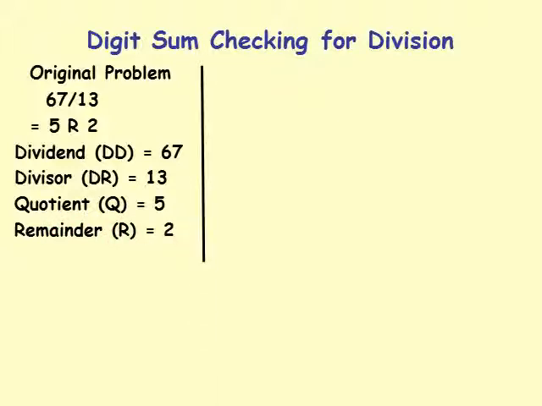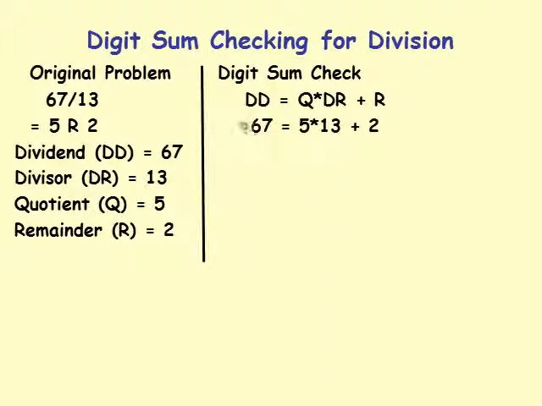Okay, let's try to do a check somehow. In a division problem, if q is the quotient and r is the remainder of dividing the dividend by dr, then this equation must be true. That means 67 must be equal to 5 times 13 plus 2. Now we apply the digit sum check to this equation.